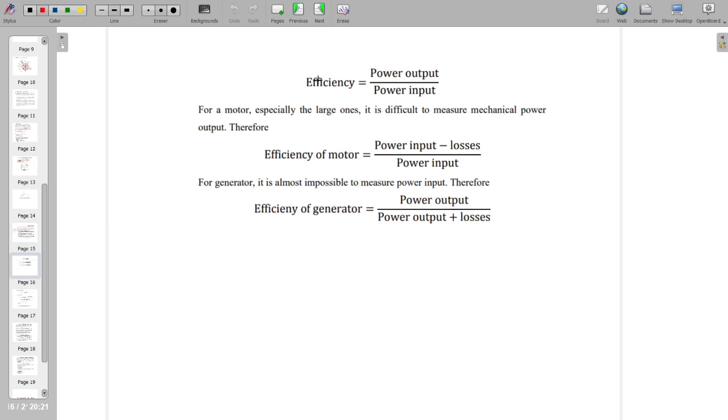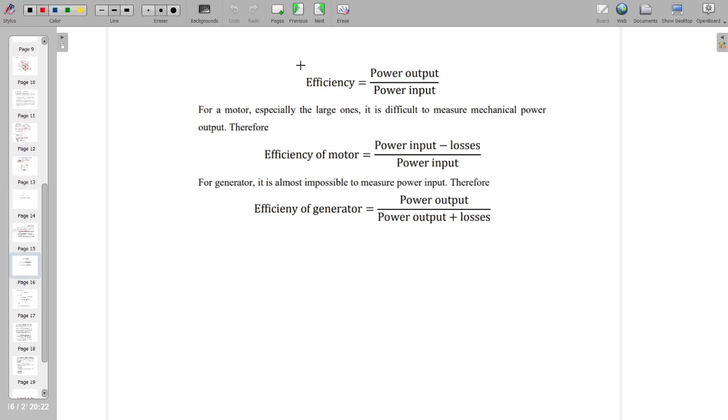Efficiency basically needs to be determined for any machine to know the performance of the machine. Efficiency is equal to the output power to the input power. For a motor, especially a large one, it is difficult to measure the mechanical output.